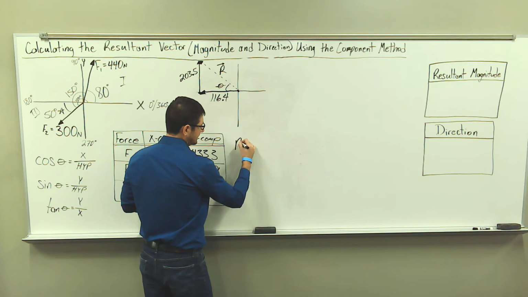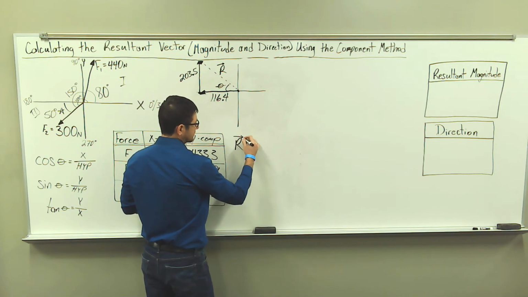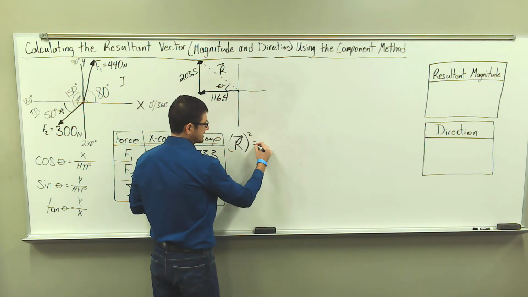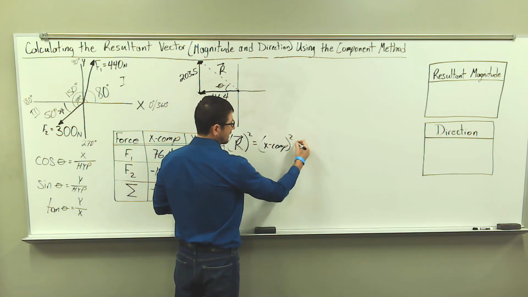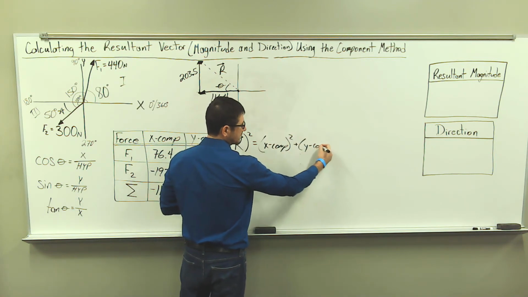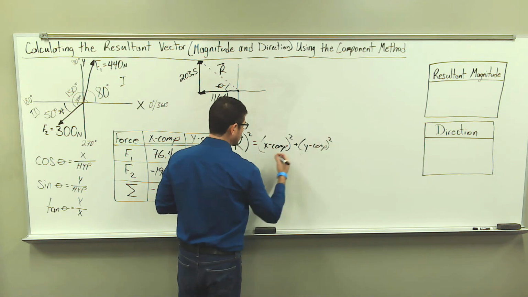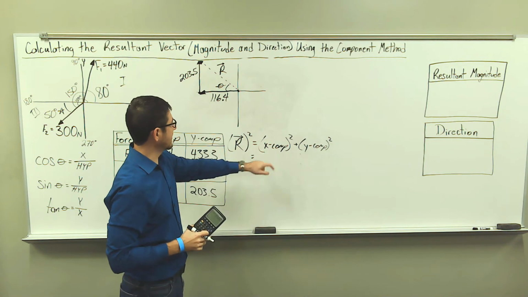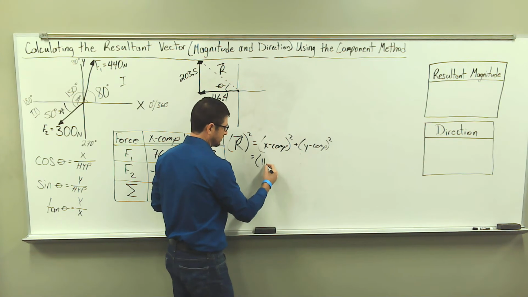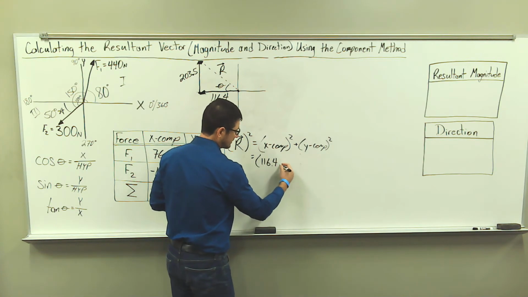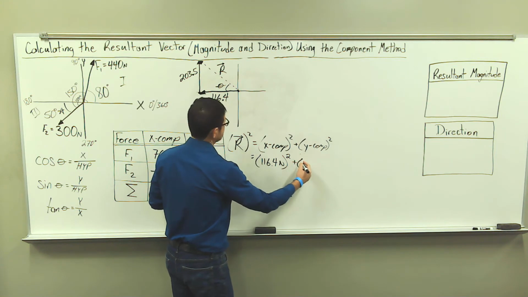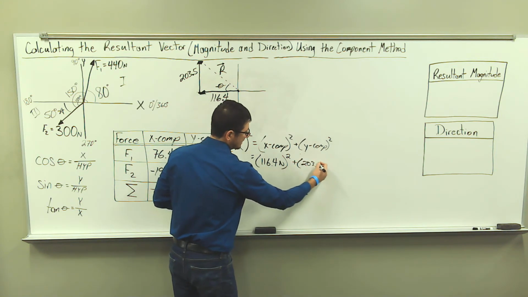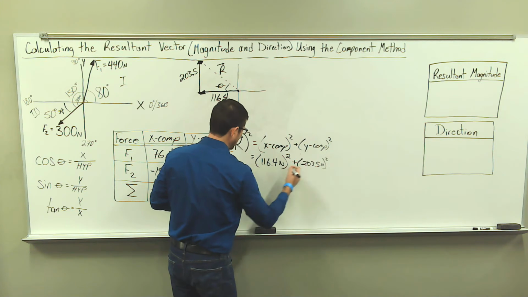So that's going to be, in our case, our resultant squared is equal to our x component squared plus our y component squared. Okay? So our x component, 116.4 newtons. We're going to square that plus 203.5 newtons squared.